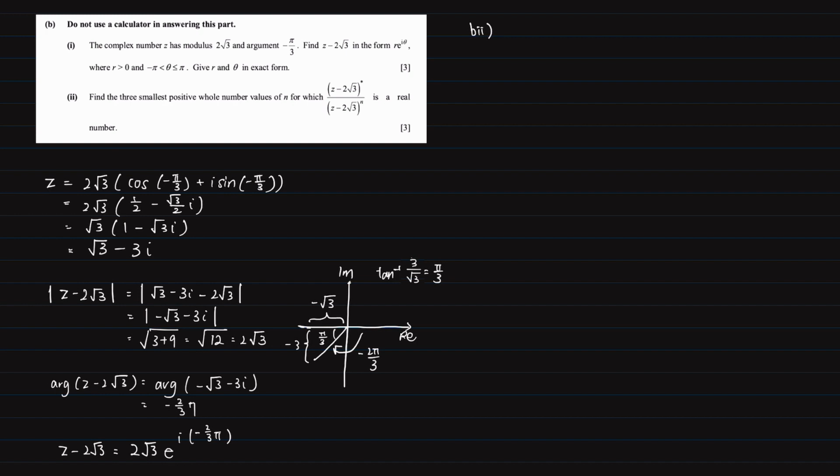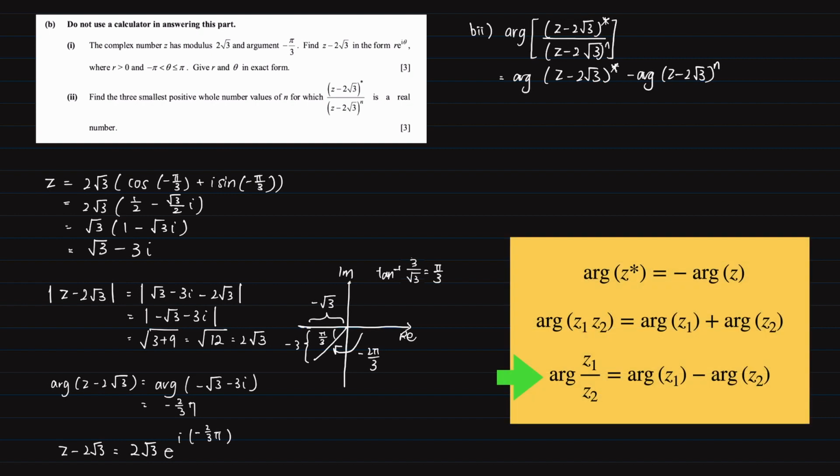Alright, so the argument of this expression, if we simplify it, will be the argument of z minus 2 square root 3 star minus the argument of z minus 2 square root 3 to the power n. Now recall the property that you see on the right hand side of the screen right now, which is very useful.